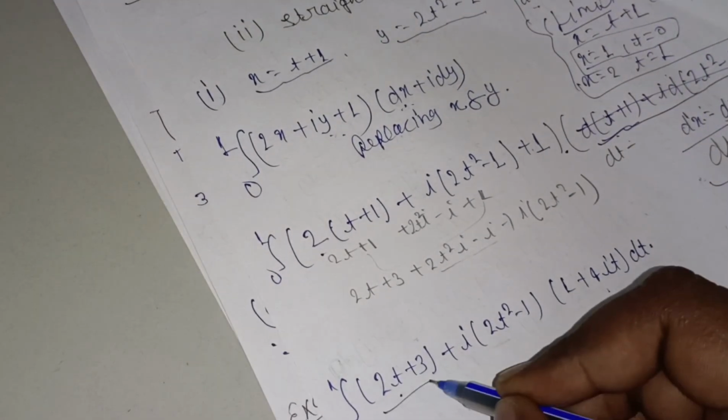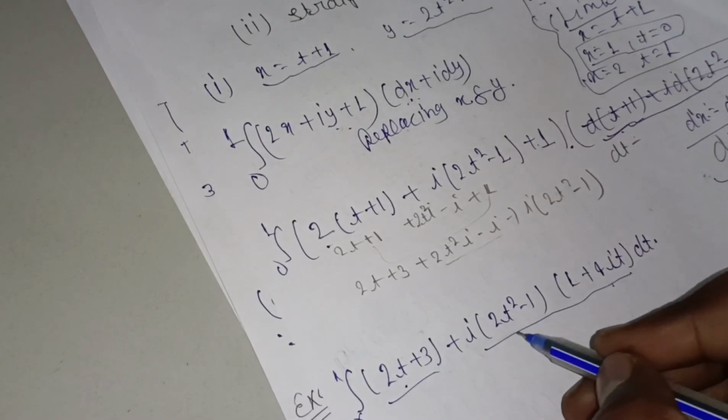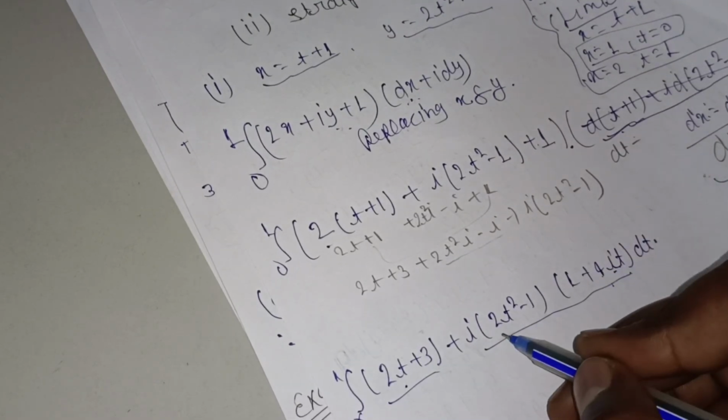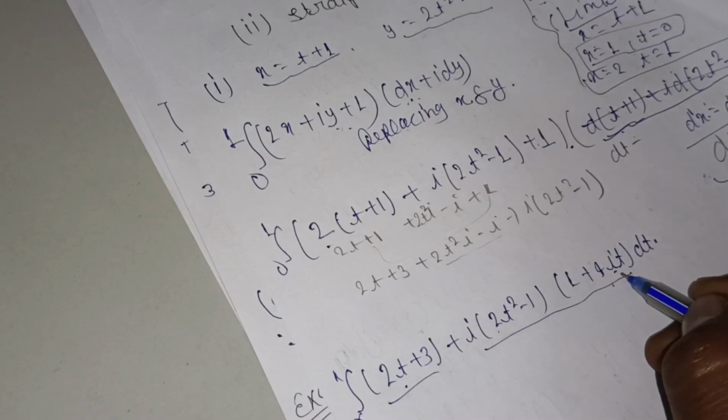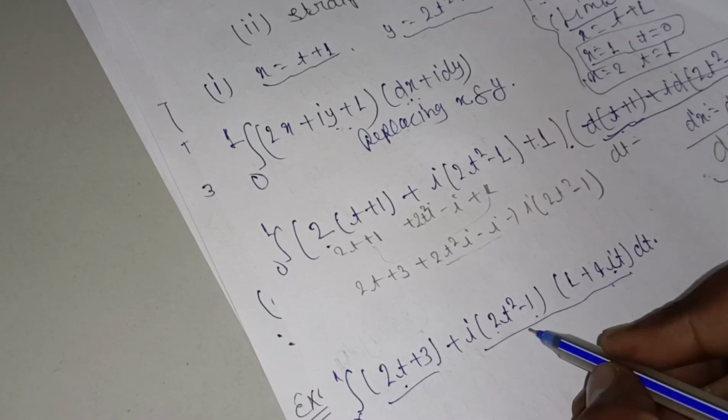As we can see here are two parts. This is in multiplication, so first we multiply 4 iota t with this one, then 4 iota t with this one, the iota is outside.